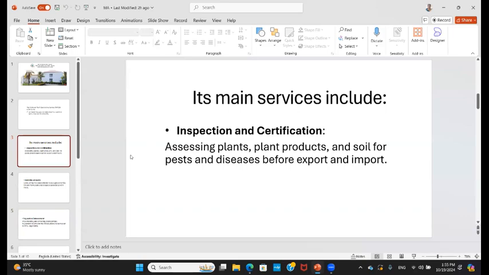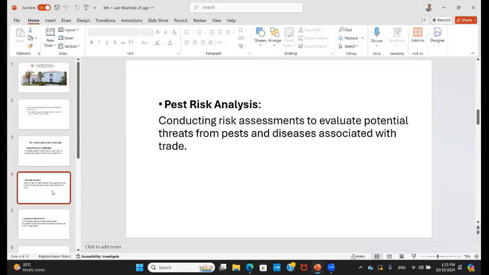We test samples before issuing this certificate. Regularly, we sometimes visit warehouses and check whether they are under the regulations. Sometimes samples are tested in our labs, but I am not related to that part. I'm doing the administration part in this office.